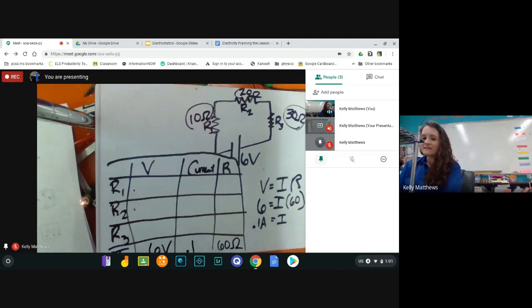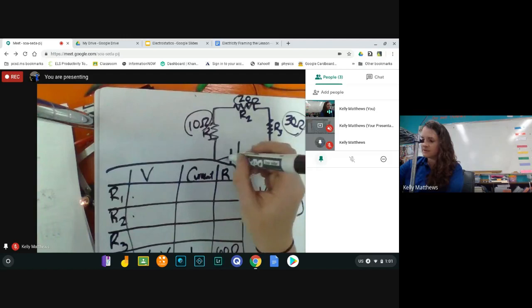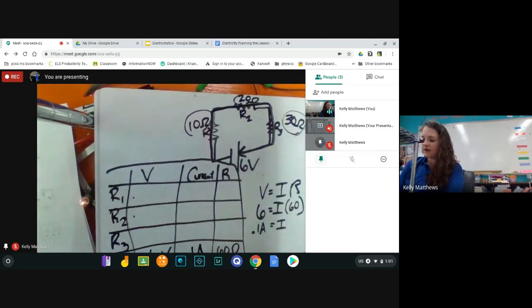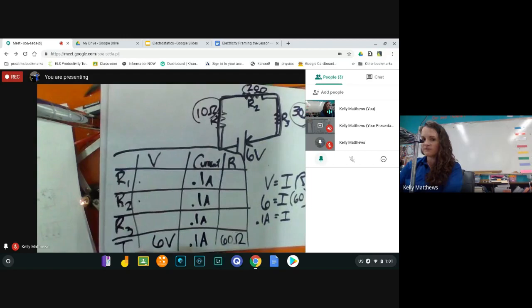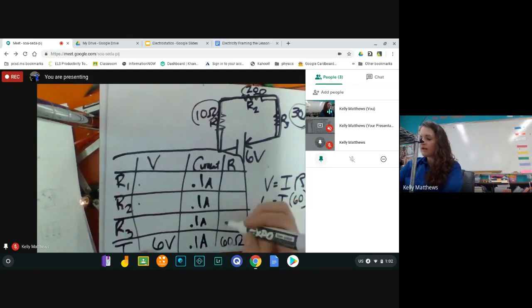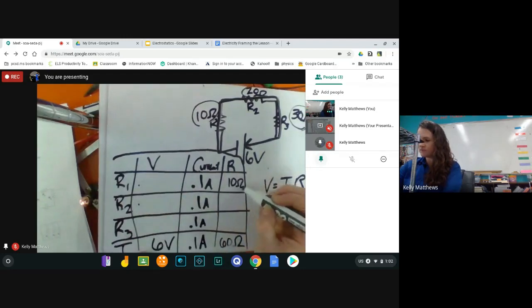So, since this is a series circuit, and this is the important point, since in a series circuit the current is the same everywhere, if we've got 0.1 amps, then we have 0.1 amps in every one of these pieces. So the first thing we do is find the total resistance and use that with the total voltage to find the total current. We already knew that resistor 1 had a resistance of 10 ohms.